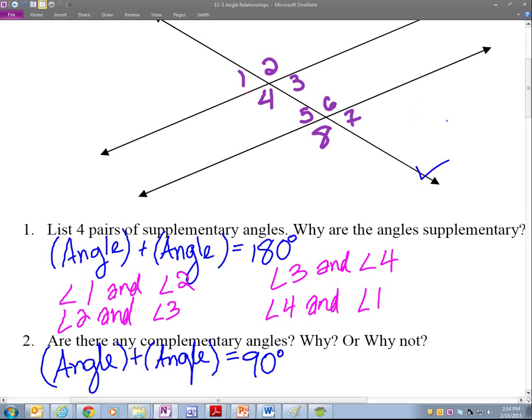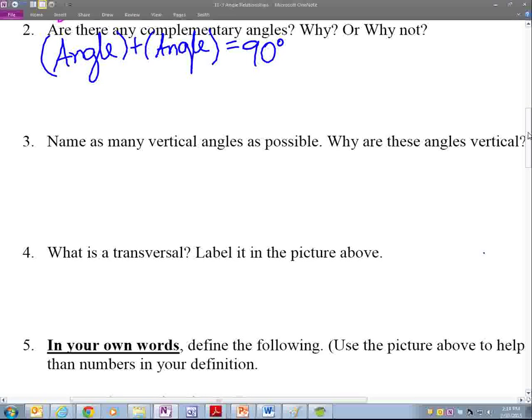Okay, this angle here is obviously more than 90. It's obtuse. This angle here is obviously acute. It's less than 90. Okay? So are there any in that one? No.